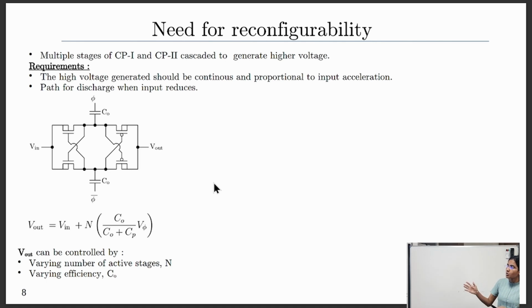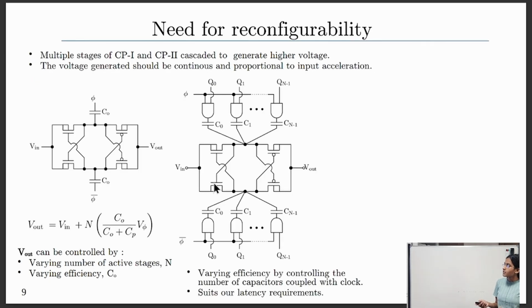Then the output node has to charge to the value of the input only through leakage current. It has high latency, which is not suitable for our operation. That is why we will be varying the ratio C0 by C0 plus Cp to control the output voltage generated. That is done by connecting or disconnecting capacitors to the clock signal.